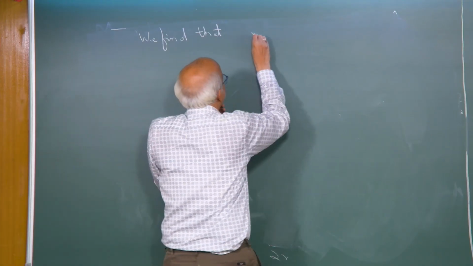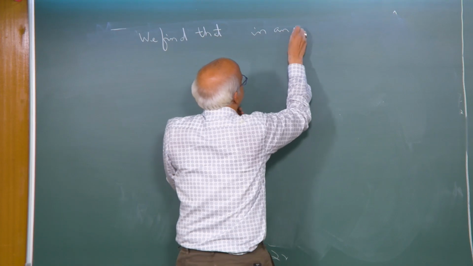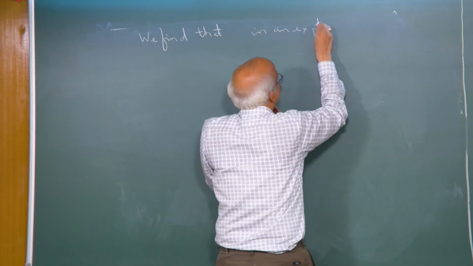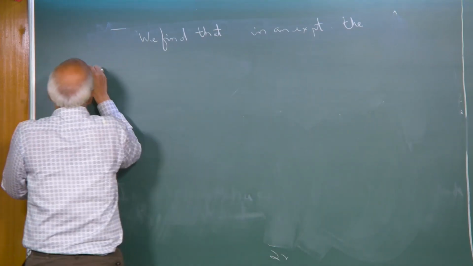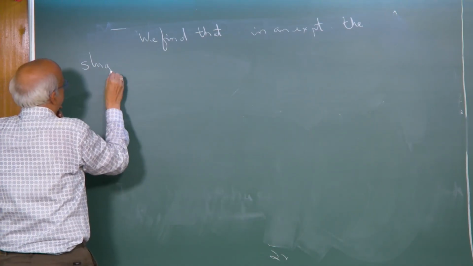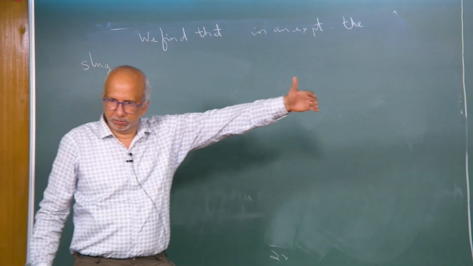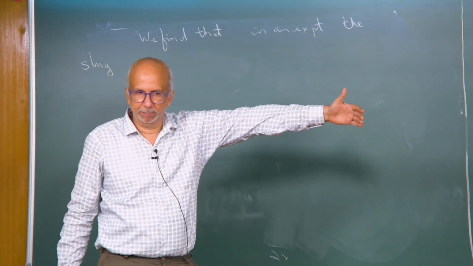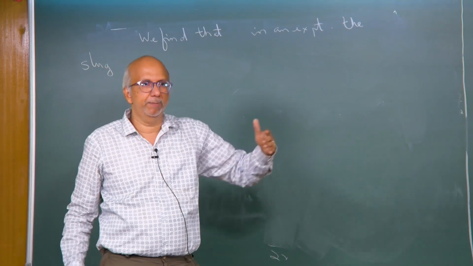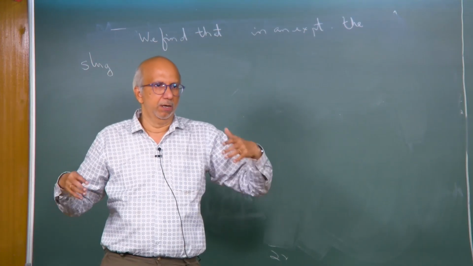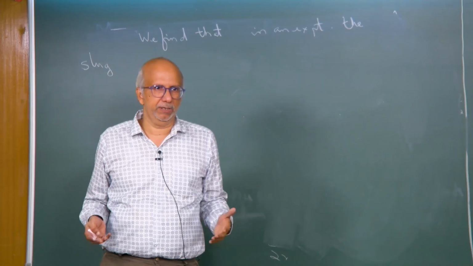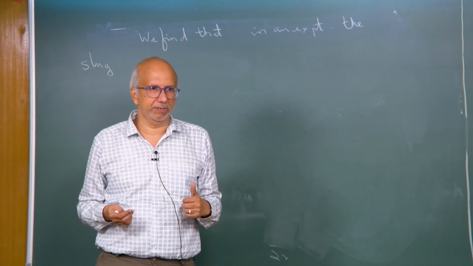We find that in an experiment, the slug, of course, is going to move down because of the flow, but it will also spread out because of the velocity field and because of the thermal diffusivity. Okay.